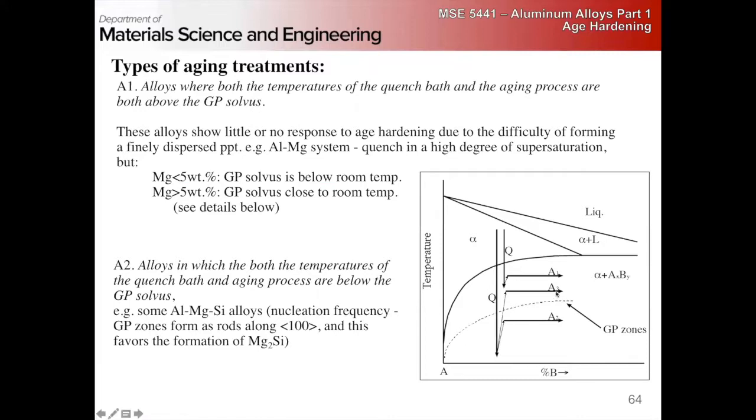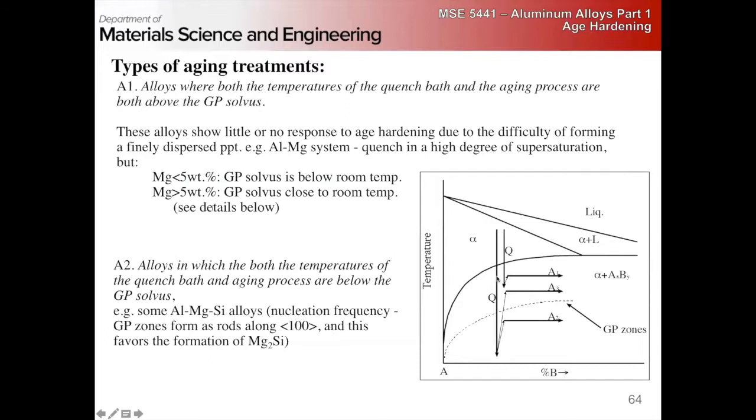So there's a couple different alloy-dependent aging treatments that we can give these alloys. The first one is we start from the two-phase region, we quench above the GP zone solvus, and then age above the GP zone solvus.